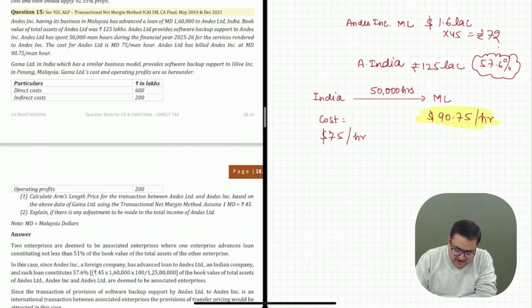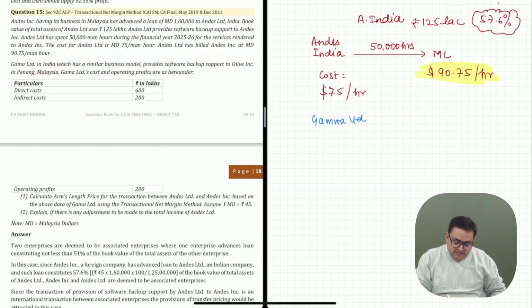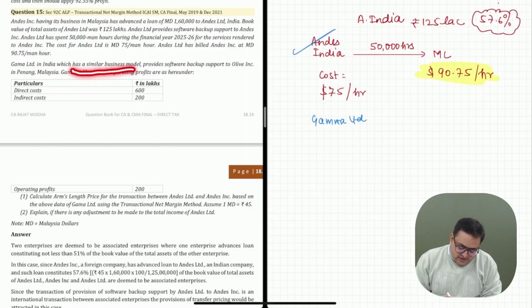Like we have Andes India, similarly we have another company known as Gamma Limited India, which has a similar business model, the same as Andes. So they are in the same industry, and they provide software backup support to Olive Incorporation in Malaysia.